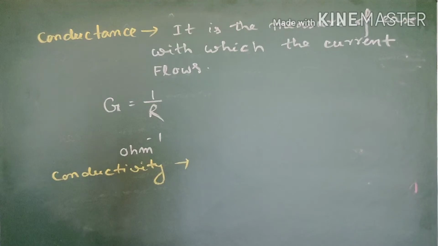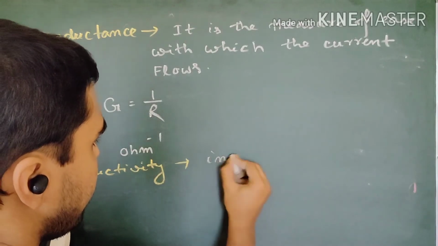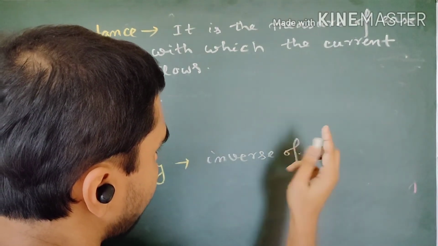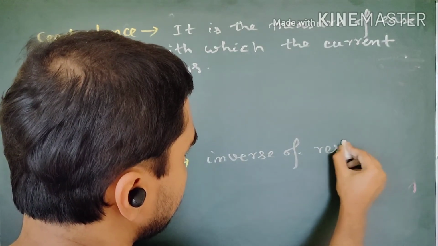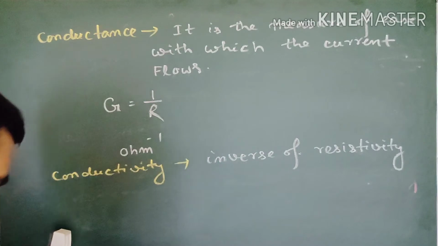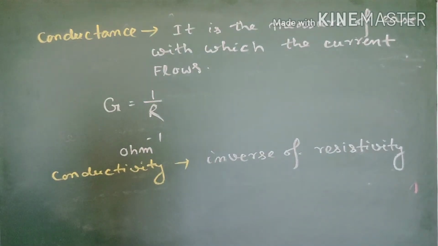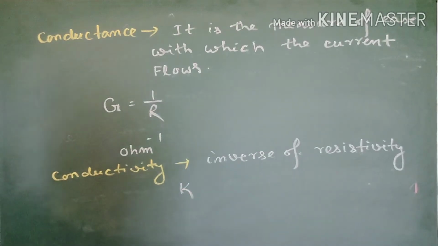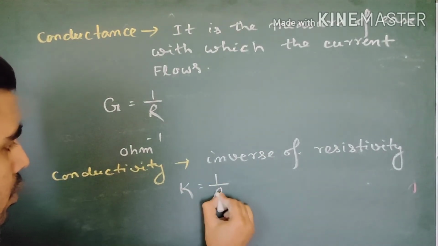So conductivity is just the inverse of resistivity. It is expressed as kappa, so it is 1 by rho.